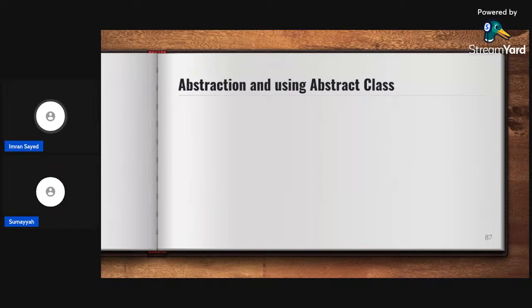An abstract class is basically a class that is defined using the abstract keyword. It is used to achieve abstraction and loose coupling, and it is also used to achieve multiple inheritance, which is not available by default in Java. Multiple inheritance means that a class can inherit multiple classes.